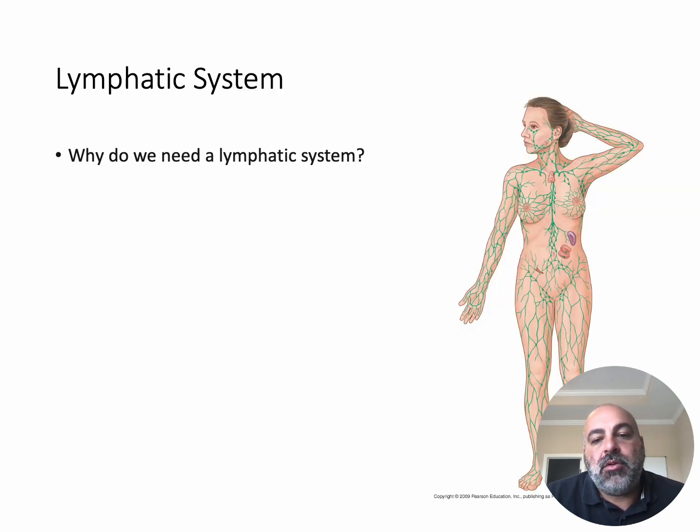Lymphatic system, you need your lymphatics because your blood vessels push out more pressure than what's pulled back in by oncotic or osmotic pressure. We need to do that to perfuse the tissue. So we need a drainage system. That's where lymphatics come into play.